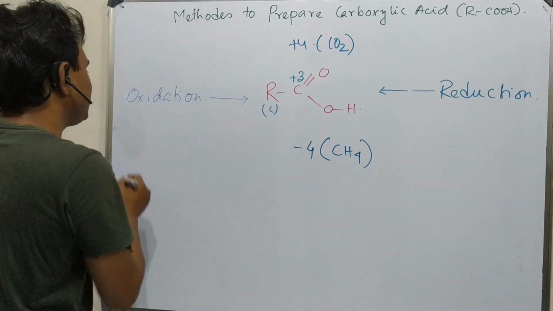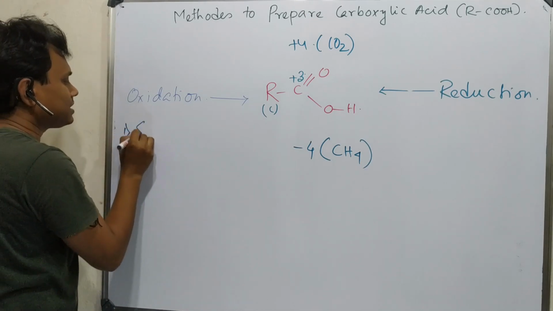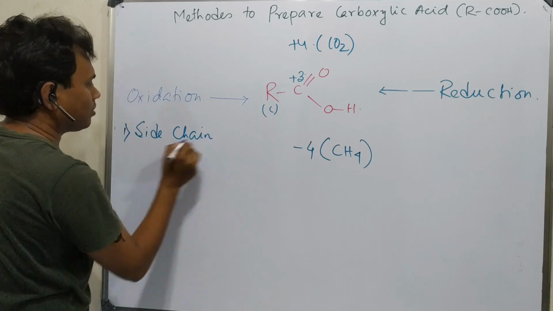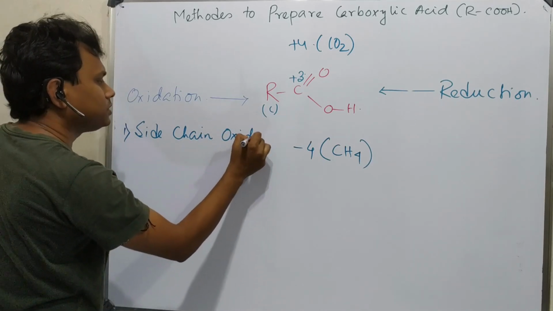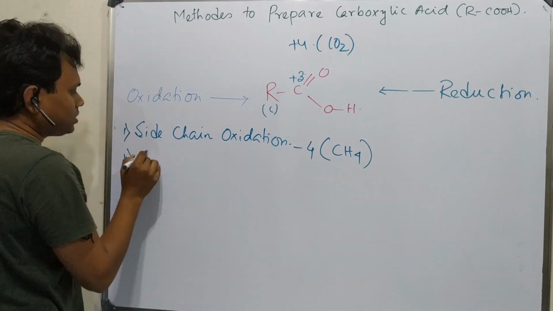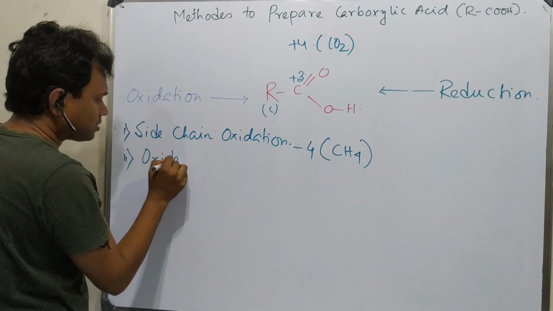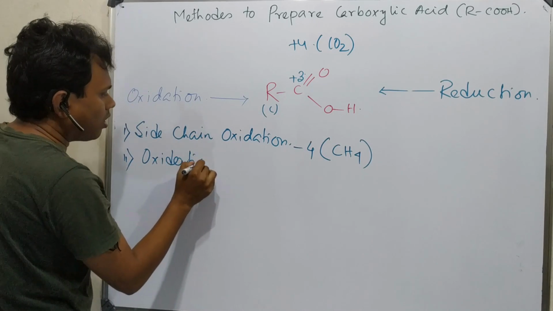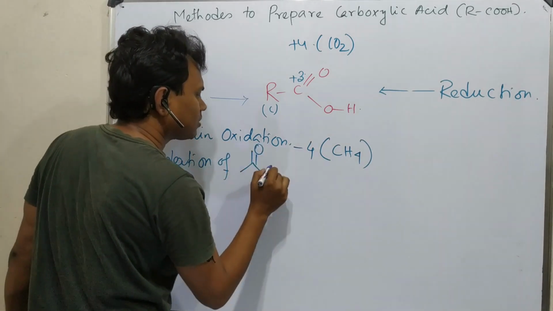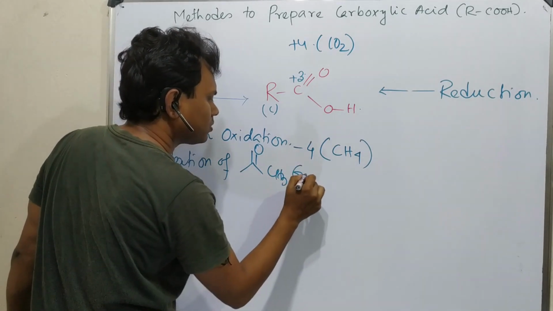One of the oxidations we can say is side chain oxidation. Second could be oxidation of the ketomethyl group.